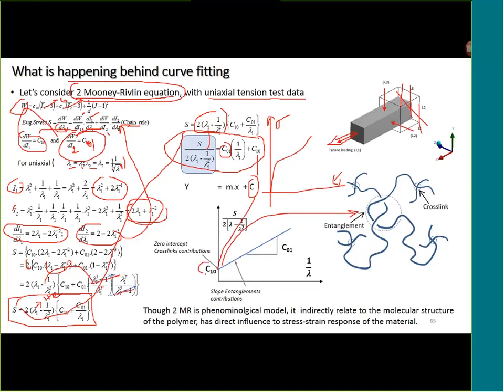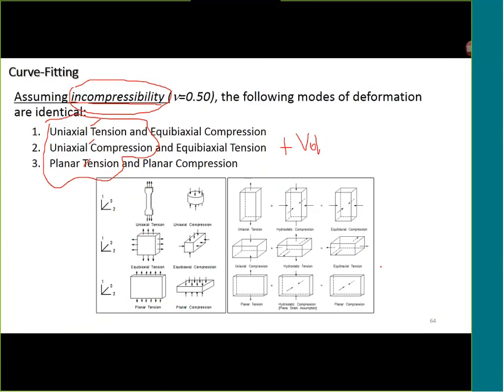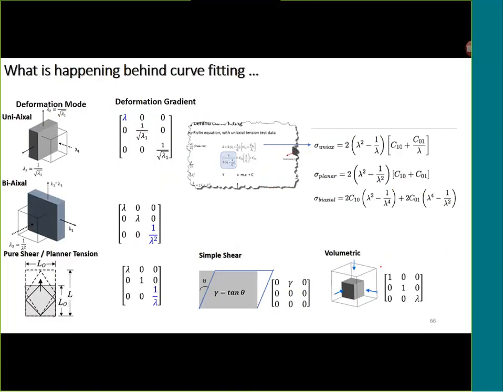Here this intercept is related to the cross-link contribution, how many cross-links exist in your material, and the slope is directly related to the entanglement present in your molecular chain. So this is what is happening in the background when you do curve fitting.